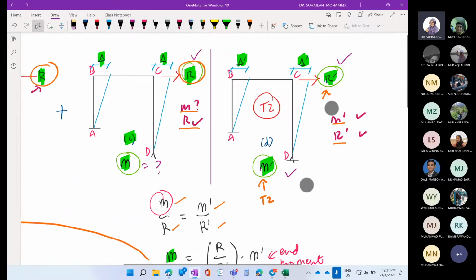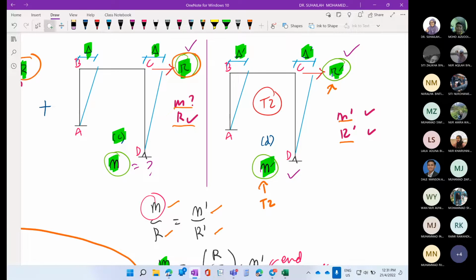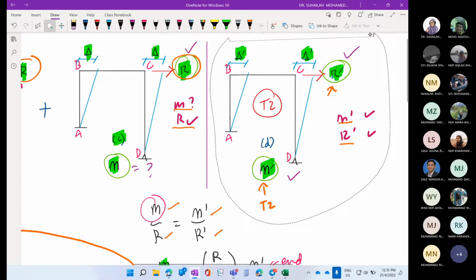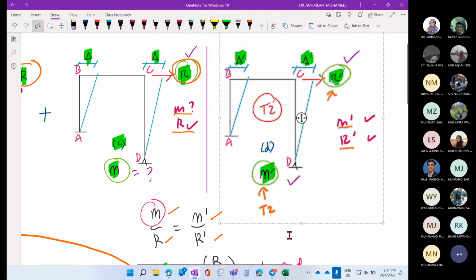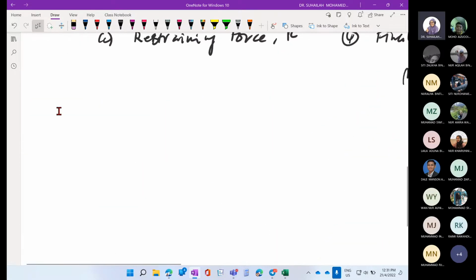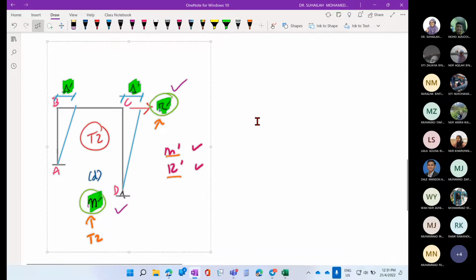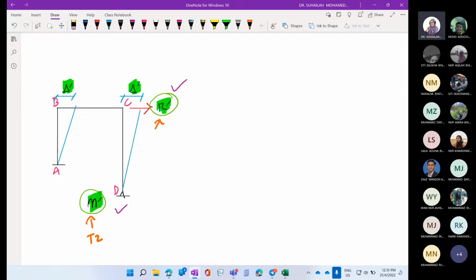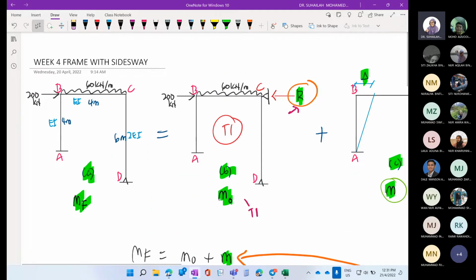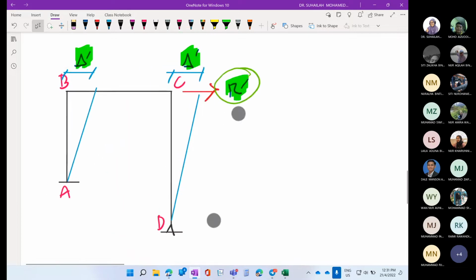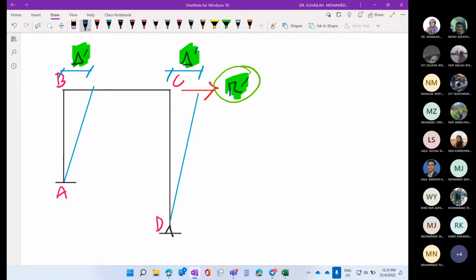Okay, this is diagram D. So it is 4, 4, 6.